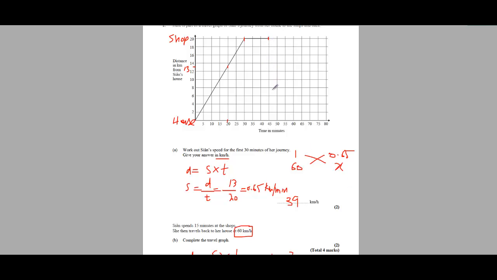The time over here is 45, and 45 plus 20 is 65. So this is the time she will reach back home. Let's join this, and this is the complete graph of the journey.